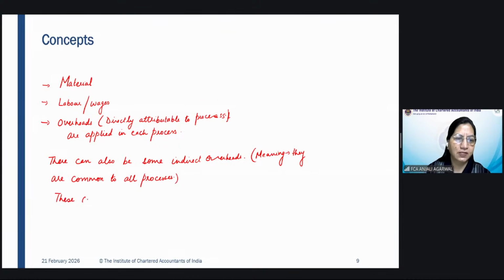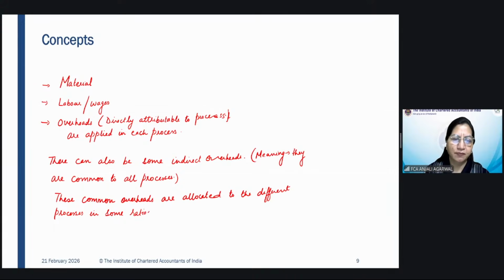These common overheads are allocated to the different processes in some proper ratio that may be given, based on material cost of each process, based on wages of each process, or prime cost of each process, and so on.